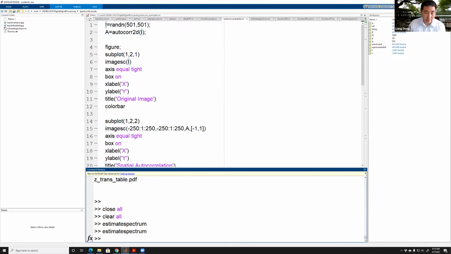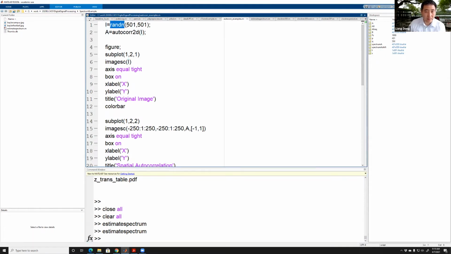I is my image. The original image is random, nothing else. A random 501 times 501 matrix, where each element is a Gaussian random number.